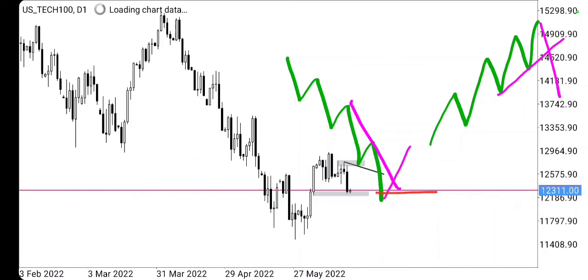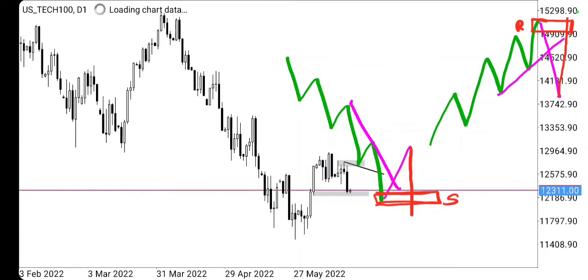You are saying, this is the area that I'm interested in, my support, I'm going to buy from that, or this is my resistance, I'm going to sell from that. So every time you have stuff like this, but the price comes down and does this, or comes up, it doesn't give you the chance to sell, or it gives you a chance to sell but it fails and you take a loss.